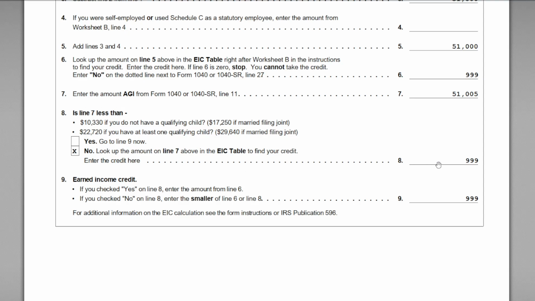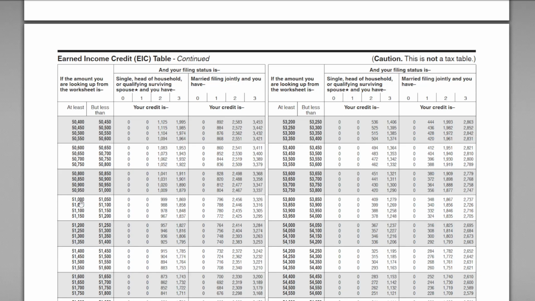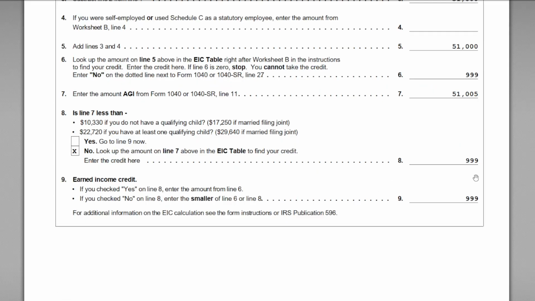Well, now the number is $51,005, but if we revisit the table, we're within the same range. So $51,005 is still falling within this range up here. So the same credit amount, $999, applies, and we enter that same credit amount, $999.